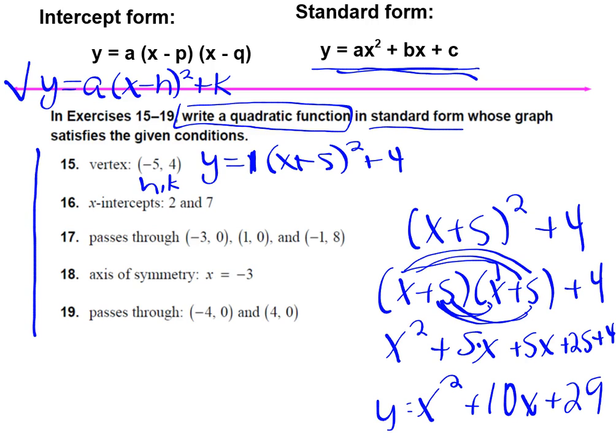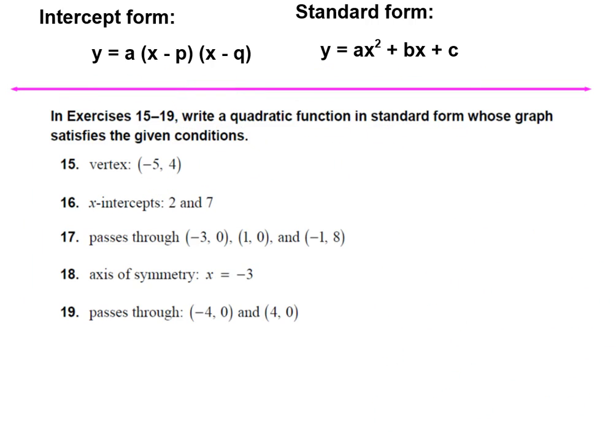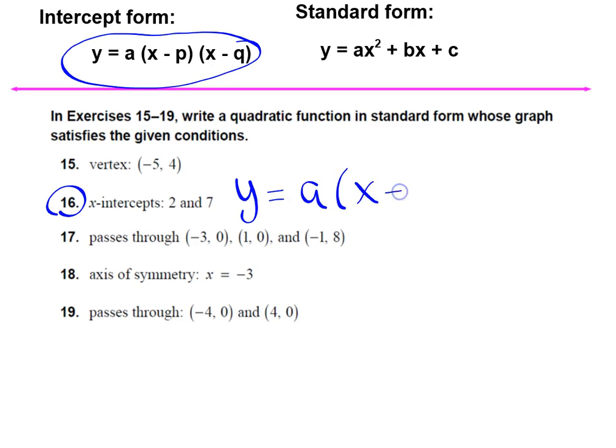Okay, let's clear this. And let's look at number 16. 16 says they want you to write another equation, but this time they gave you the intercepts. So if the intercepts are at 2 and 7, and that's what intercept form looks like, y equals a, x minus p, and x minus q. p and q, those are our x-intercepts, right?